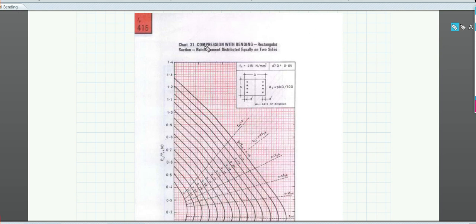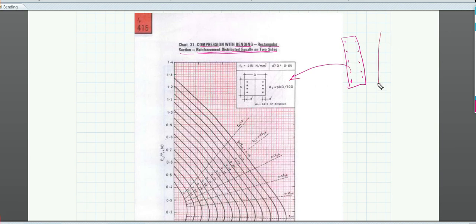That means we have compression as well as bending. It is for rectangular section only, with reinforcement distributed equally on two sides. That means if your column is something like this and reinforcement is distributed only on the two sides, then this curve is for that only.